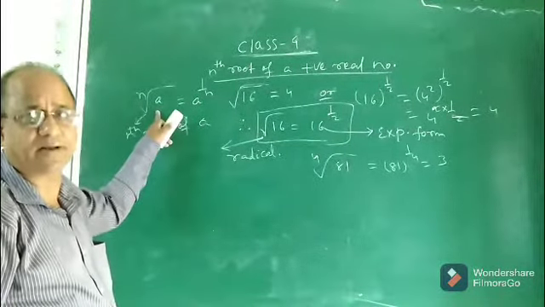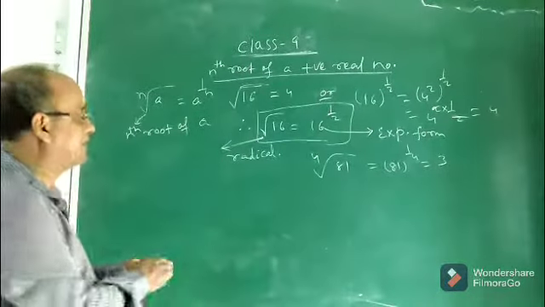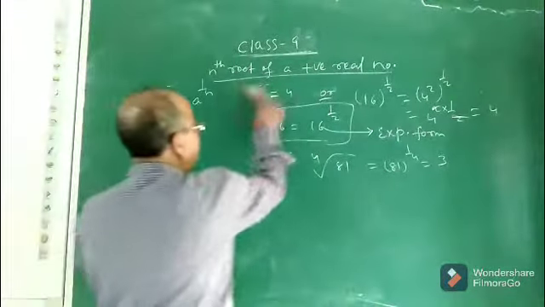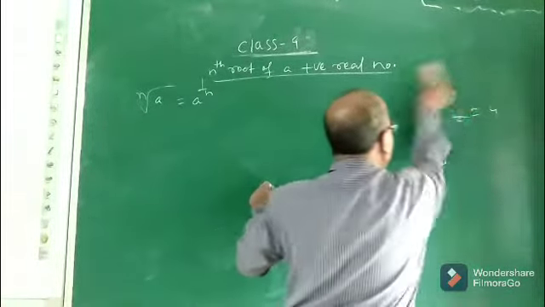This is the concept of nth root of a positive real number. Now the point is how to define it. Let me define what is nth root of a positive real number.